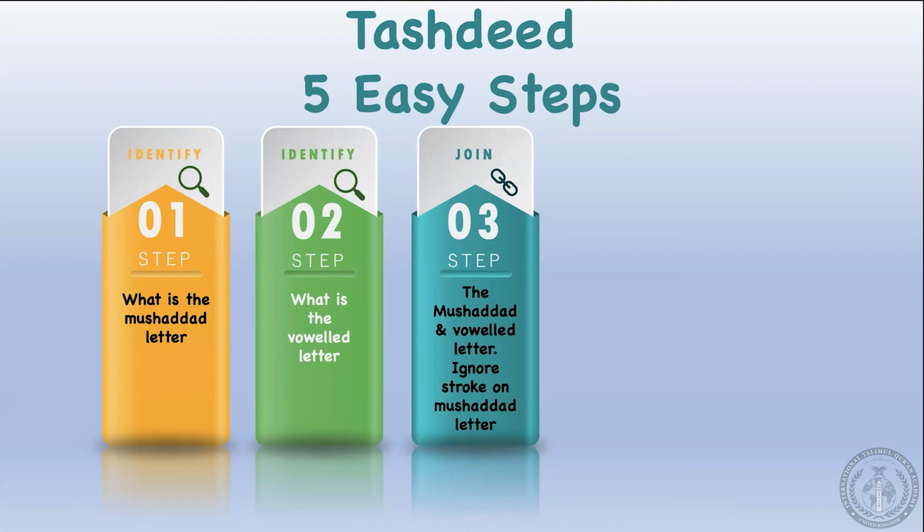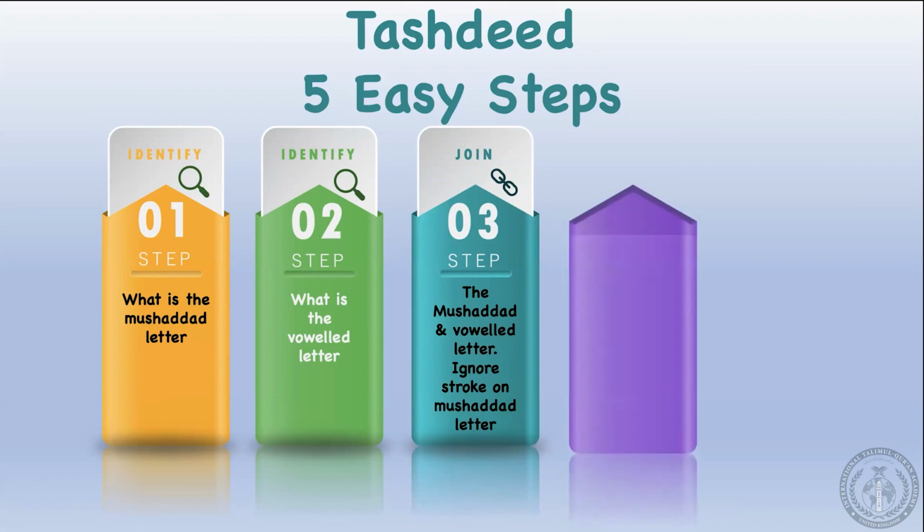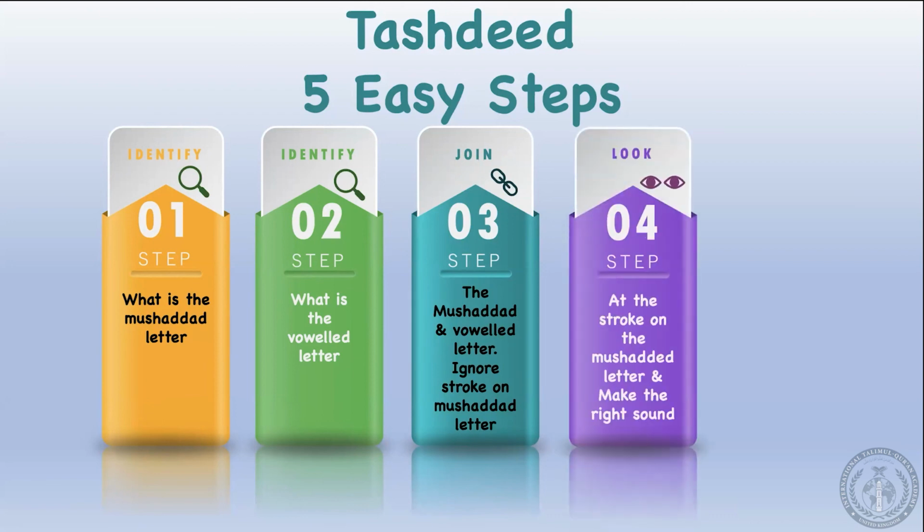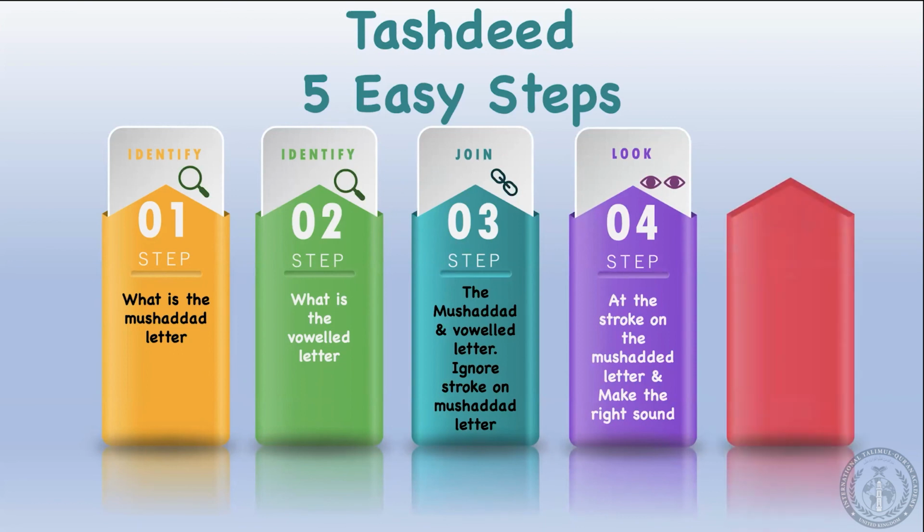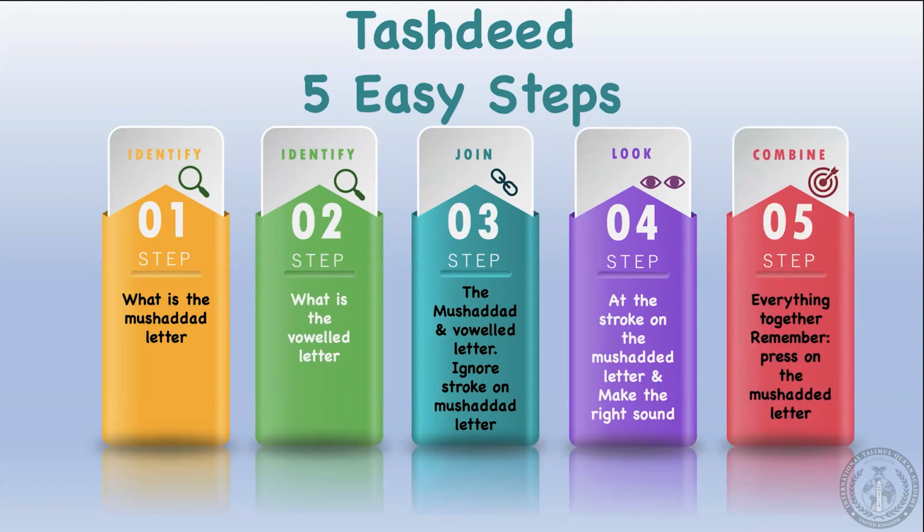Make it easy by ignoring the stroke on the mushaddad letter at this stage. In the next step, look at the stroke on the mushaddad letter and make the right sound. And step number 5 is you then combine. You put all of those things together. And remember, you must press down on the mushaddad letter. And those are the 5 simple, easy steps that you need to follow with Tashdeed.